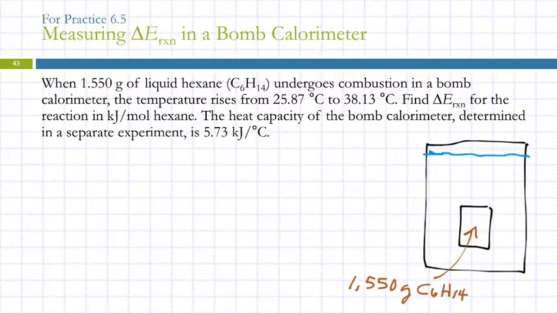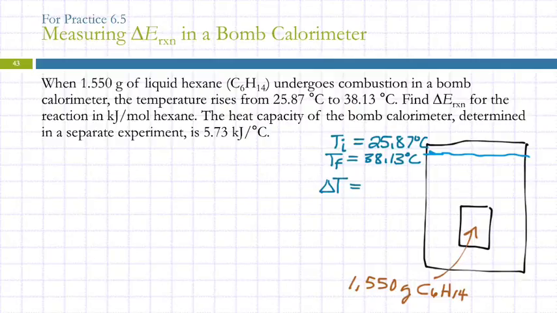So the initial temperature of the calorimeter is what? 25.87 degrees Celsius. And the final temperature is given as 38.13 degrees Celsius. So we can calculate the change in temperature.